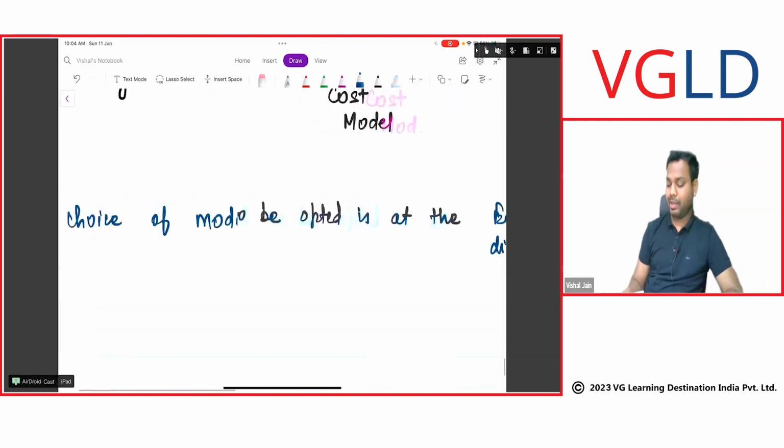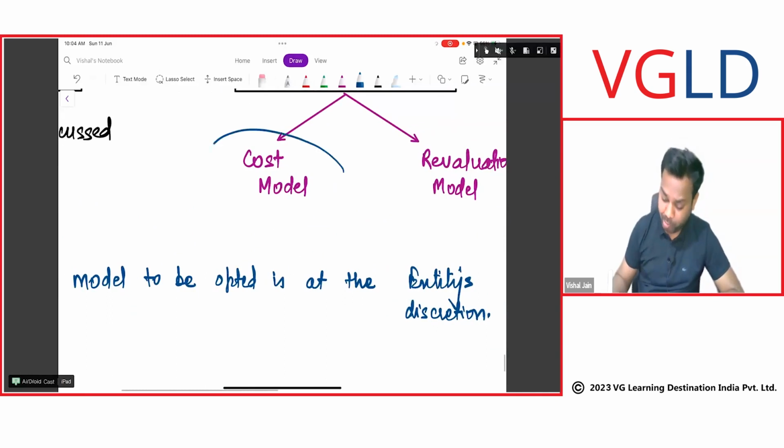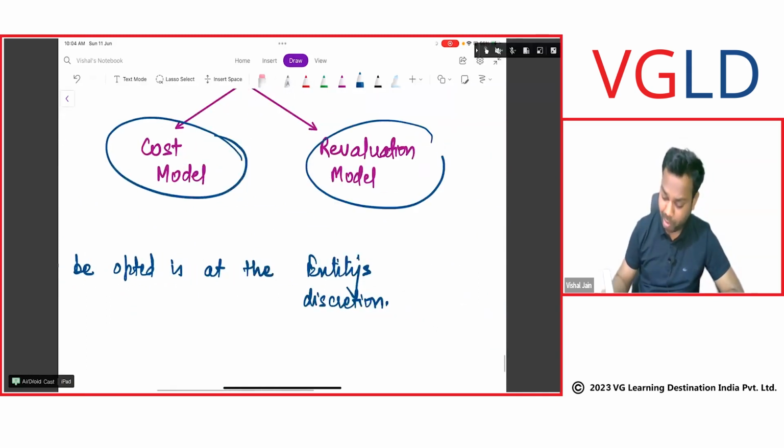Like, if they want to opt for a cost model or if they want to opt for a revaluation model, the choice is with the entity.